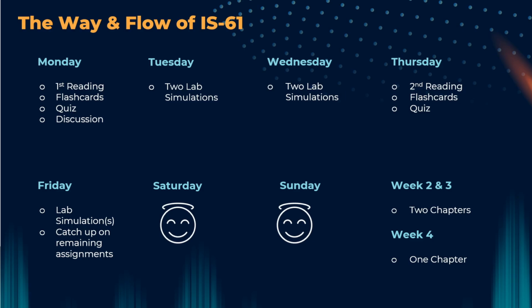On Friday, there should be some more lab simulations you need to do. Otherwise, you also need to catch up on all the other assignments given that week. If you do that by Friday, you're set for the weekend, so you can relax and work on other things.